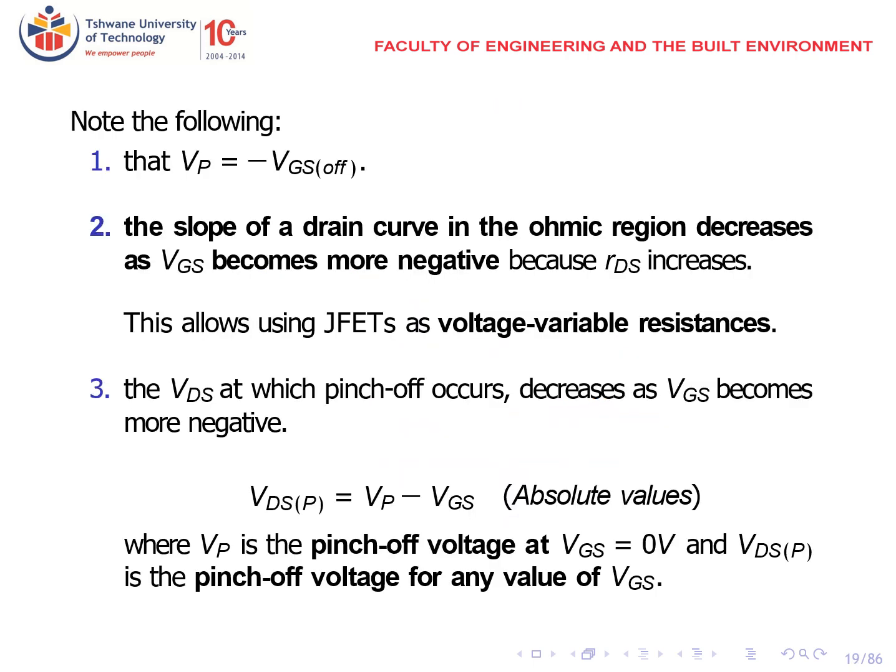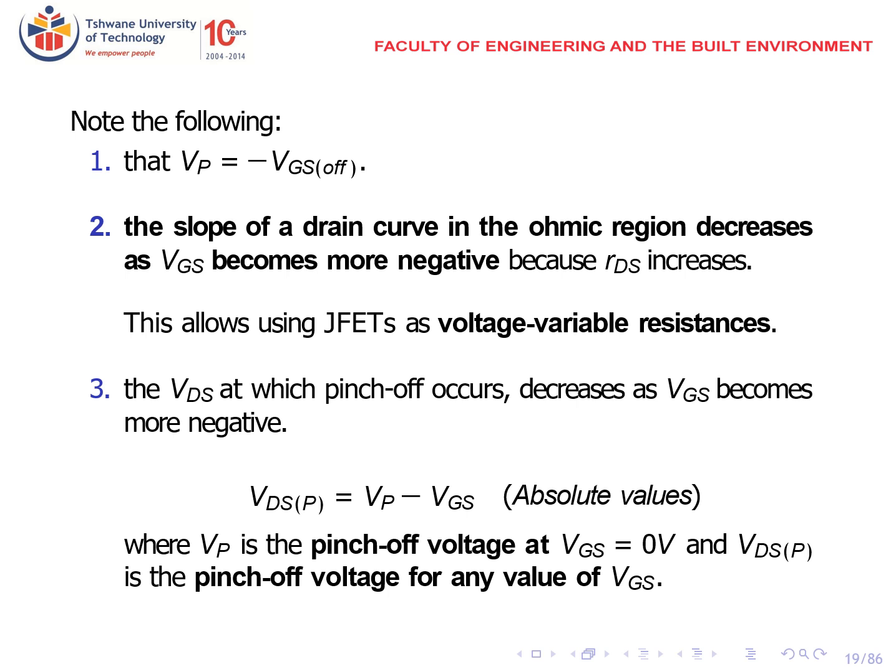Note the following, that VP is equal to minus VGS(off). As you saw in the previous example, VGS(off) was minus 4, meaning that VP was equal to positive 4. The slope of the drain curve in the ohmic region decreases as VGS becomes more negative because RDS increases.